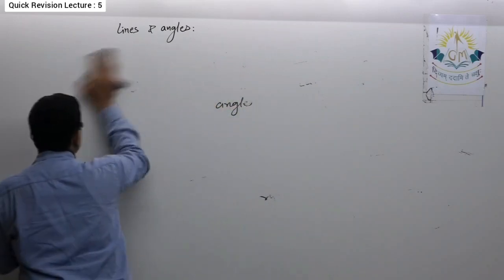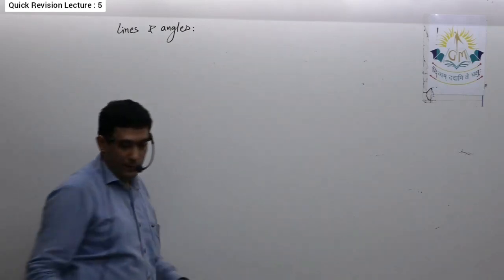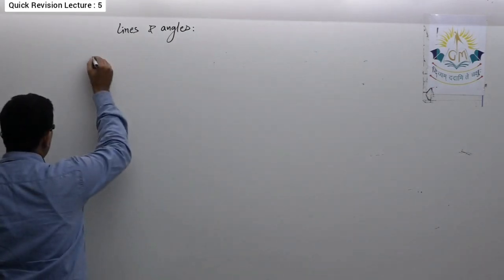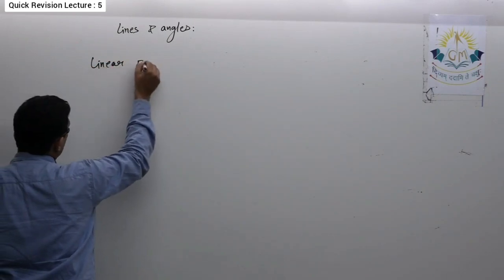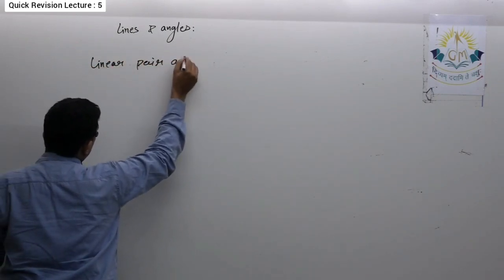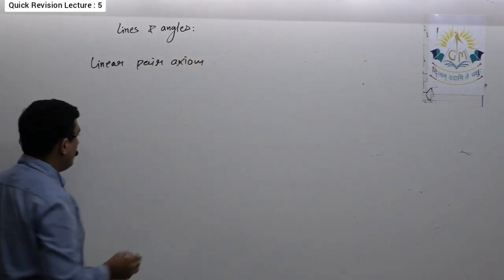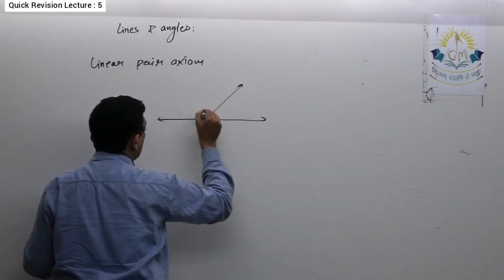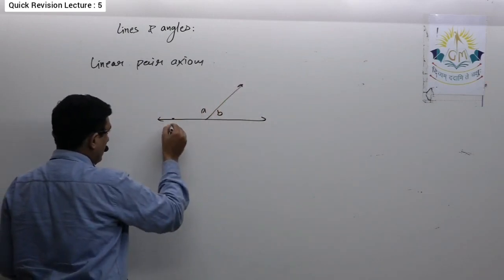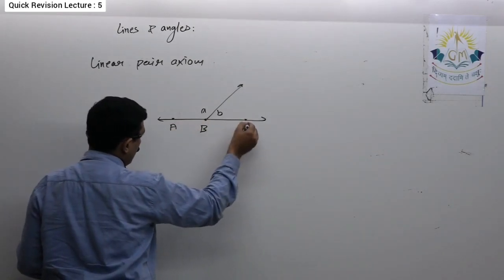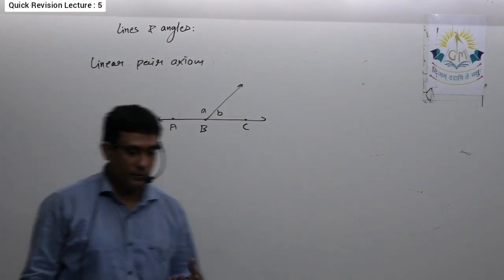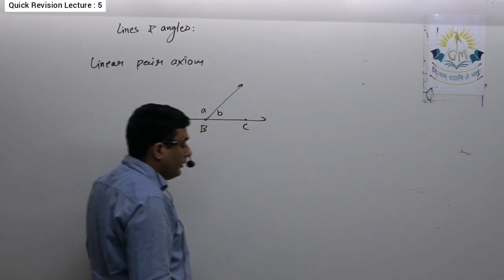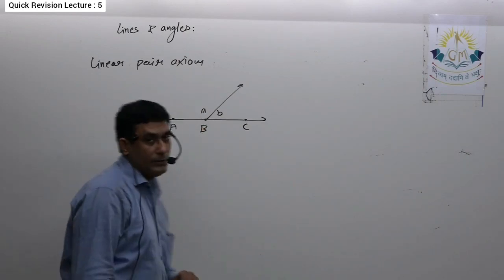Now, next we will see parallel lines, or before that, we'll see the linear pair axiom. What is the linear pair axiom? It is a combination of two axioms, and these two axioms are converse of each other.